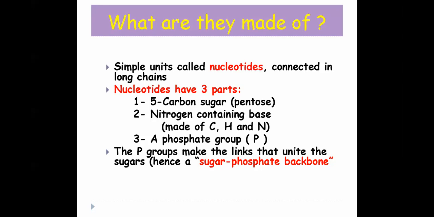What are nucleotides made of? We talked of a pentose sugar. This pentose sugar is a 5-carbon sugar, so there are 5 carbons. Then we have a nitrogenous base, and then we have a phosphate group.